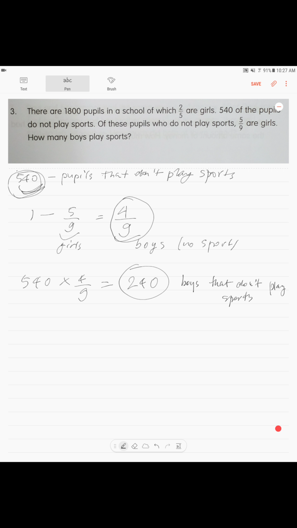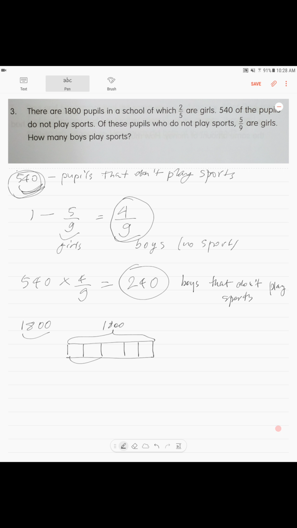The second thing, we need to find total number of boys in school. We know that there's 1,800 kids in the school total, right? If we draw it as a model, there are 5 units because we're operating with a fraction of 5. 1,800 total.